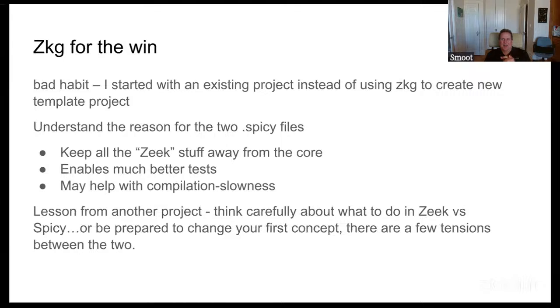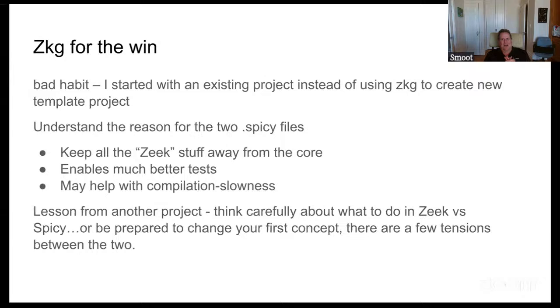And I say here, think carefully between what's in Zeek and what's in Spicy. Maybe just be flexible. So it may be that you want to do something, you think Spicy. In my case, I thought Spicy was going to be faster because it's compiled, and so I pushed a bunch of the stuff into Spicy.